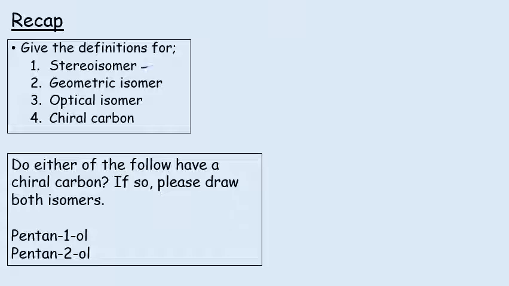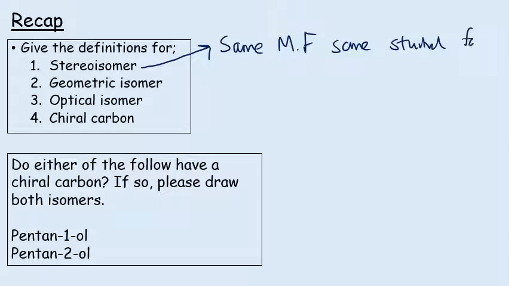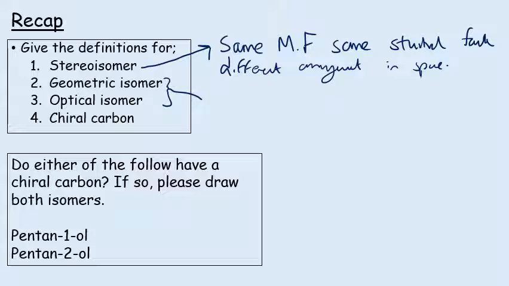Okay, stereoisomer. This is the same molecular formula, same structural formula, but a different arrangement in space. So that's our stereoisomer. Geometric and optical, they're both forms of stereoisomer.